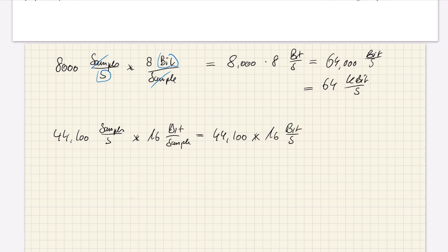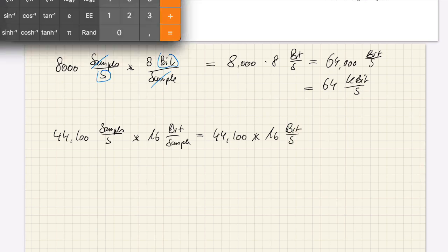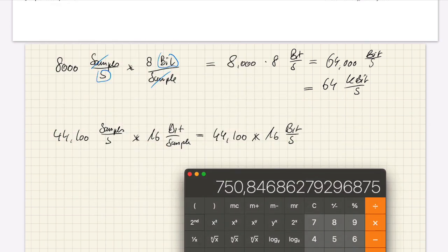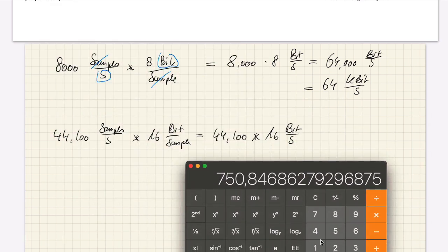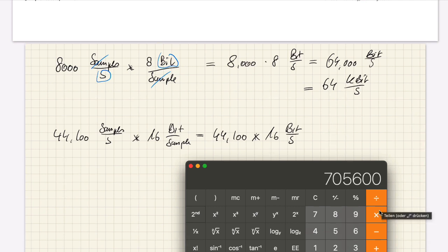And again, I will use my calculator. So I will type in 16 times 44,100. We get a relatively high number. I have to divide by 1,000, not by 1,024. So I end up with 705.6 kilobit per second.